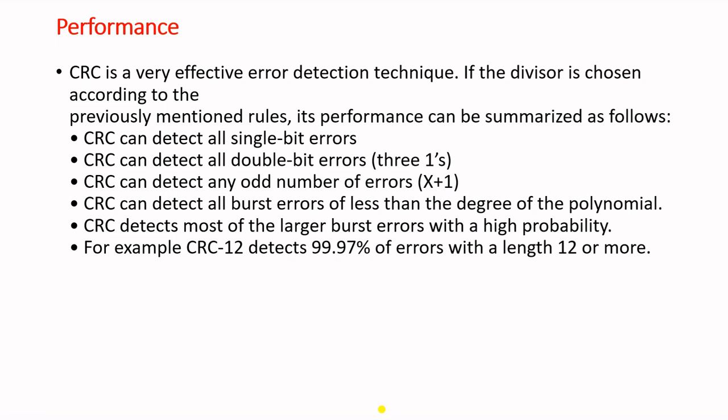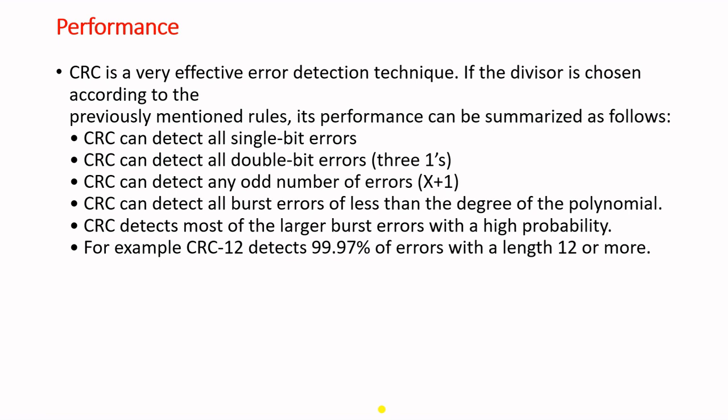CRC can detect all double bit errors, 3 ones. CRC can detect any odd number of errors, that is x plus 1. CRC can detect all burst errors of length less than the degree of the polynomial. Next, CRC detects most of the large burst errors with a high probability.